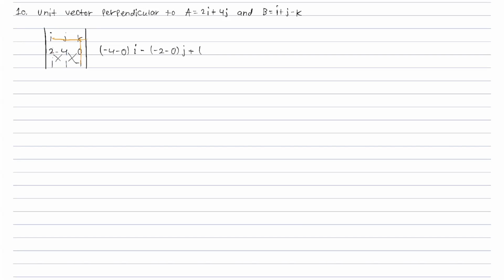Solve the resulting determinant. So it's going to be 2 minus -4, so 2 plus 4. So I'm just going to call this vector v. It's going to equal -4i plus 2j plus 6k. Does everyone agree with that so far?